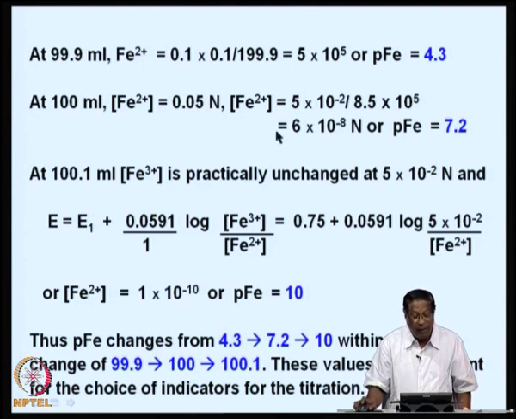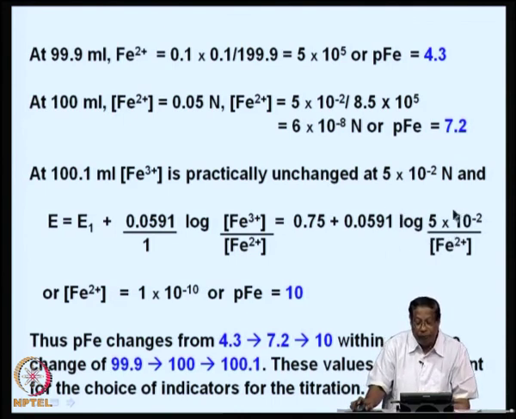At 100 ml it will be 5 into 10 raised to minus 2 divided by 8.5 into 10 raised to 5, that would be 6 into 10 raised to minus 8, or PFe would be 7.2. At 100.1, Fe3+ remains practically unchanged at 5 into 10 raised to minus 2 normal, and if I put this value, Fe2+ can be calculated, PFe to be 10.